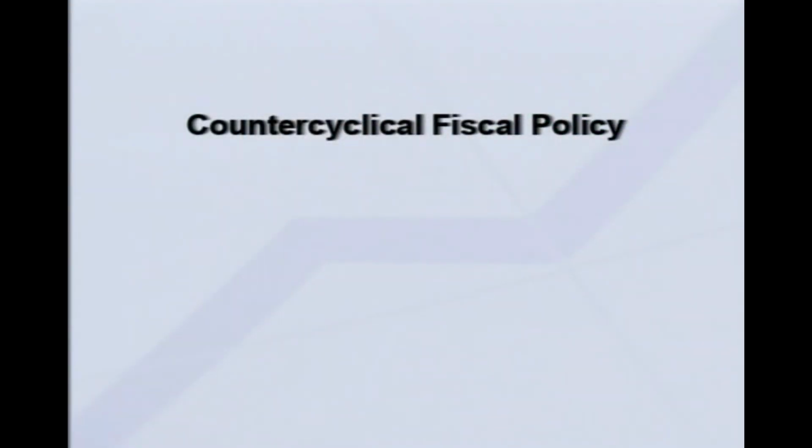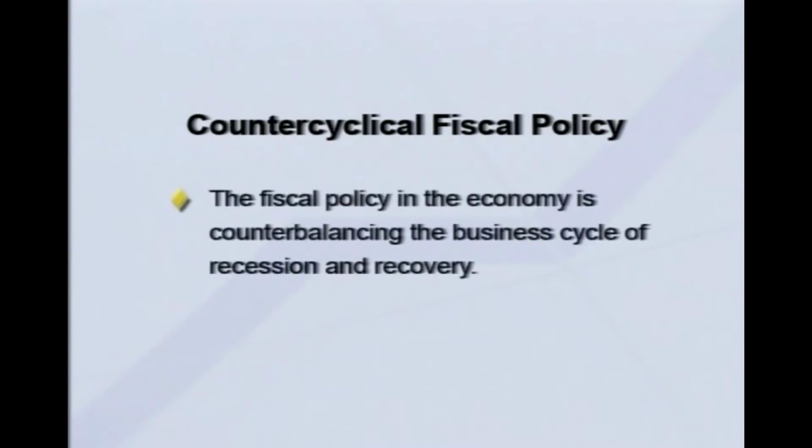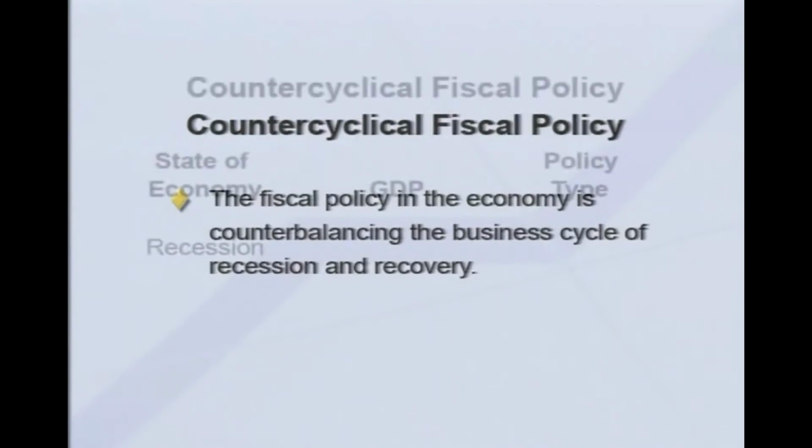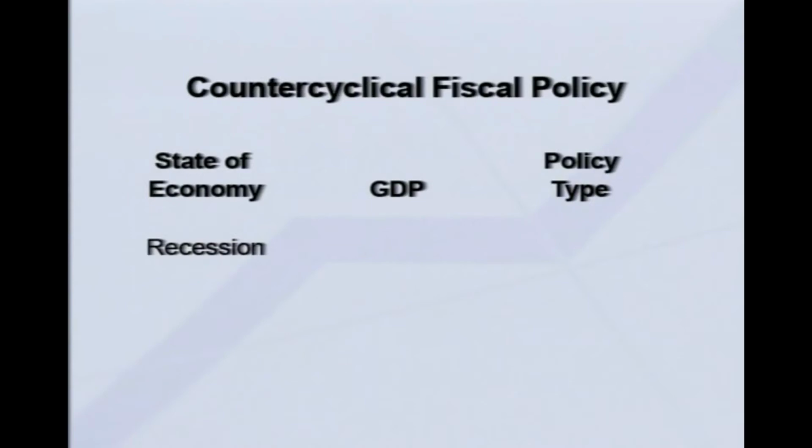So with this terminology in hand, we now want to think about countercyclical fiscal policy. This word countercyclical just means that fiscal policy is counterbalancing the business cycle of recession and recovery. For example, if the economy is in a recession, producing less than the potential GDP it could produce, then you use expansionary fiscal policy to increase aggregate demand and push output up toward potential GDP.